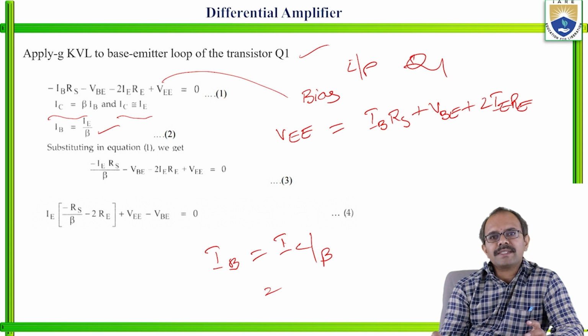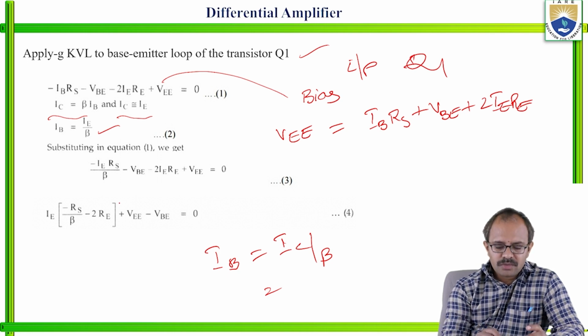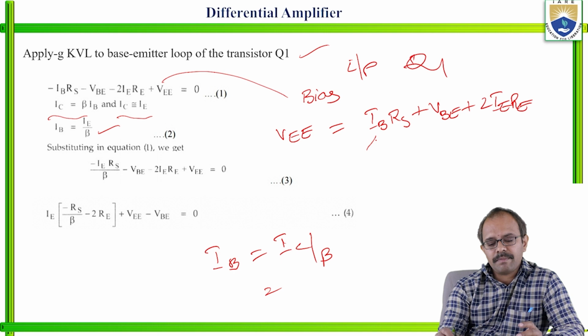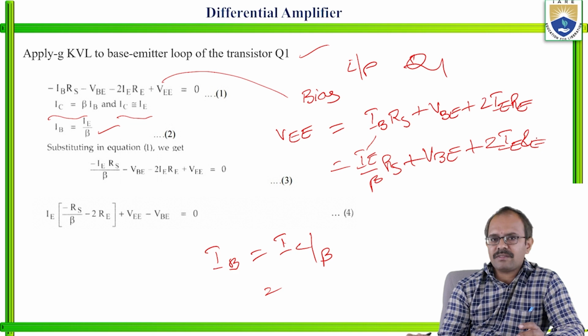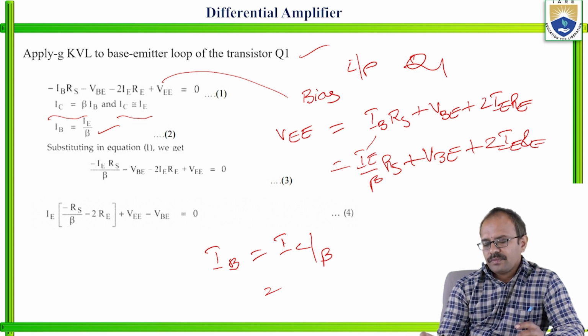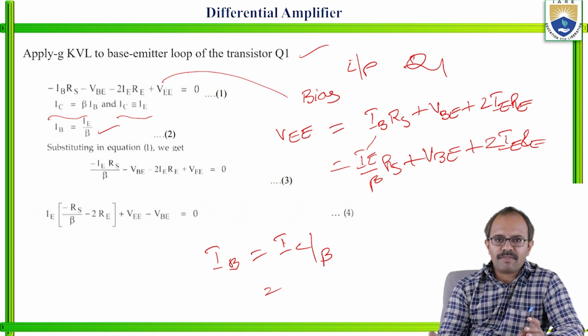Now substitute this IB in the first equation. We are going to slightly modify the expression. Wherever we have IB, we rewrite it as IE by beta. So this becomes IE by beta into RS plus VBE unchanged plus 2IE into RE. The intention of rewriting the first equation is to express everything in terms of IE so that we can take IE as common.